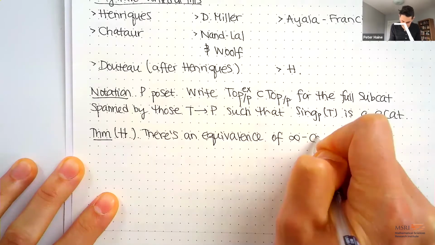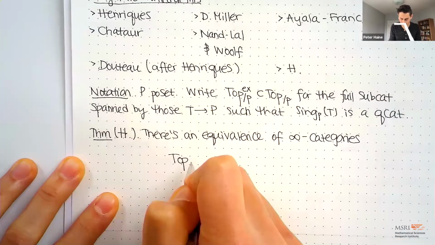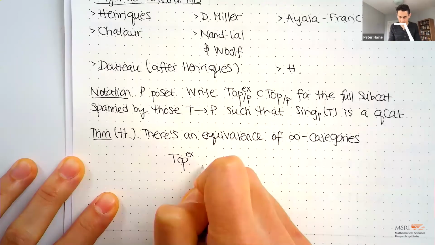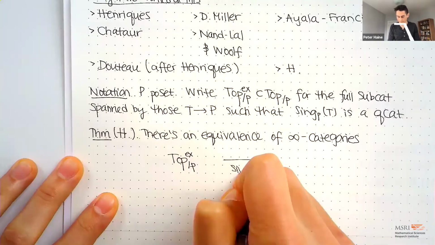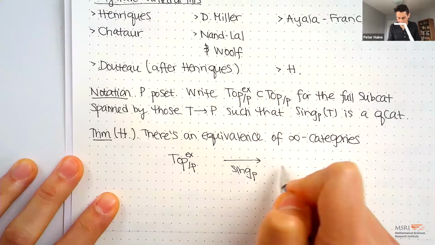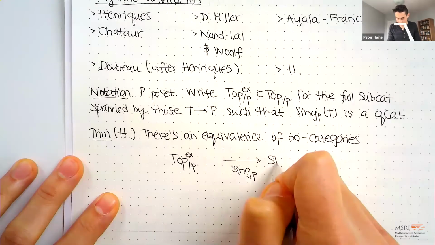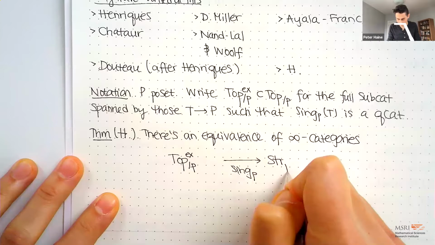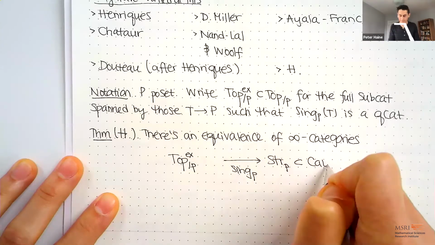Well, we're going to start with these guys such that the sing P construction actually gives me a quasi-category. Well, it's going to give me one of these infinity categories with a conservative functor to P, so it's going to land in the guys such that the functor to P is conservative.